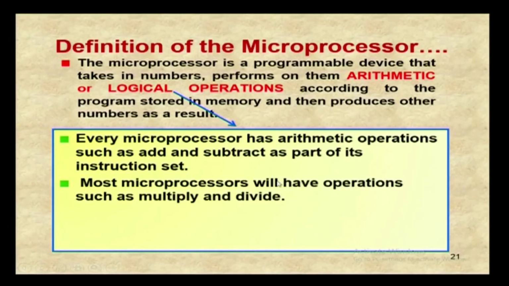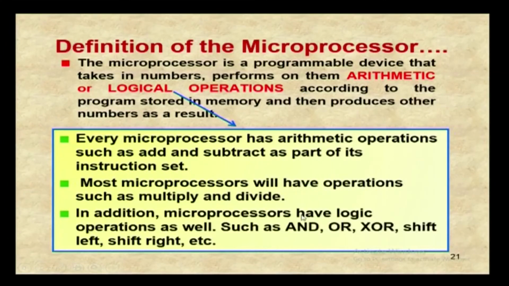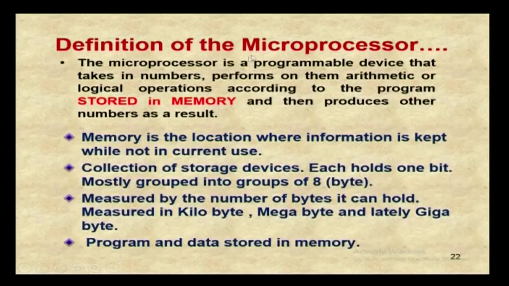Apart from arithmetic operations, they can also perform logic operations like AND, XOR, shifting left, shifting right, and so on. These are the arithmetic and logic operations a processor can do.